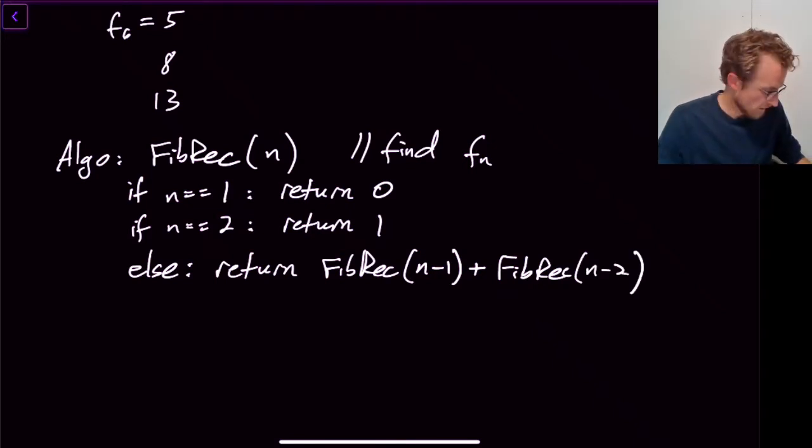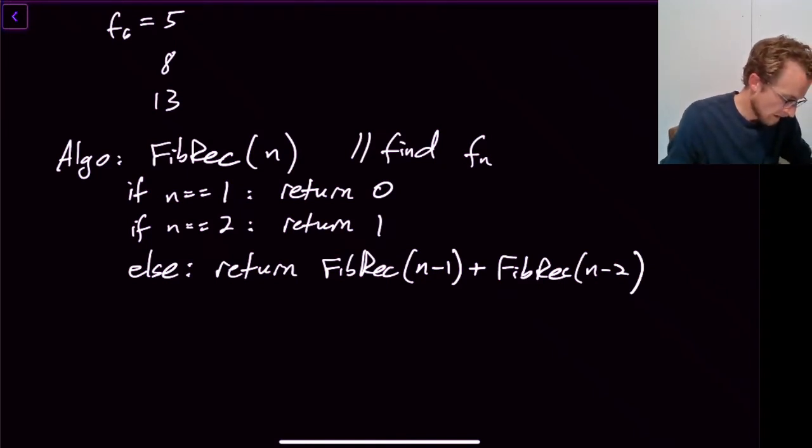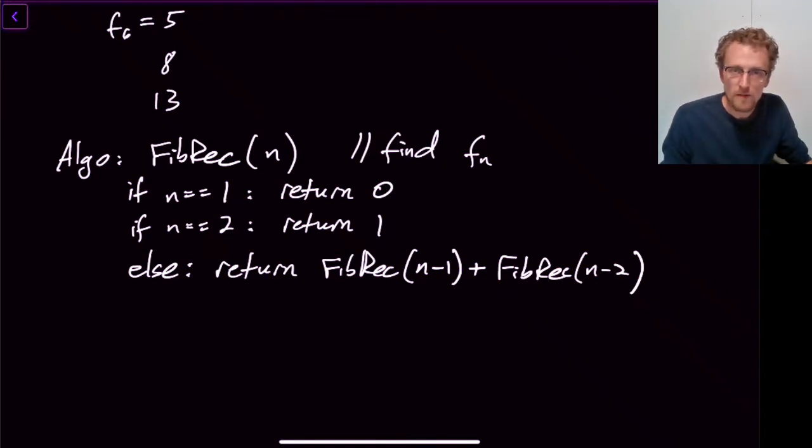If I plug in, say, 5, then what is it going to do? Well, it's going to say neither base case fires, so it'll go compute the fourth Fibonacci number with that first recursive call, and the third Fibonacci number with the second recursive call. And each of those will go and compute the things they need to solve the overall problem, right?